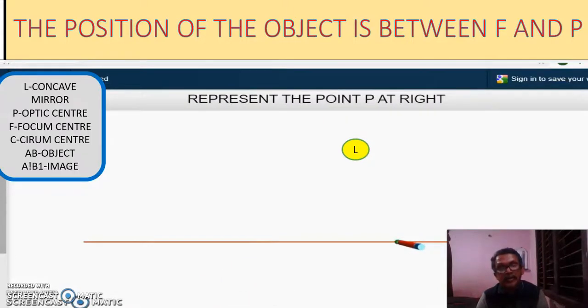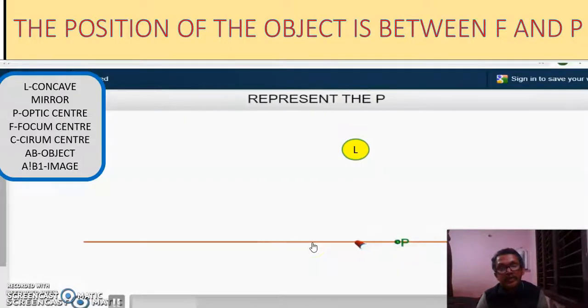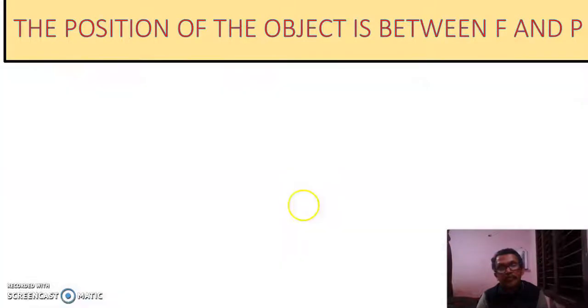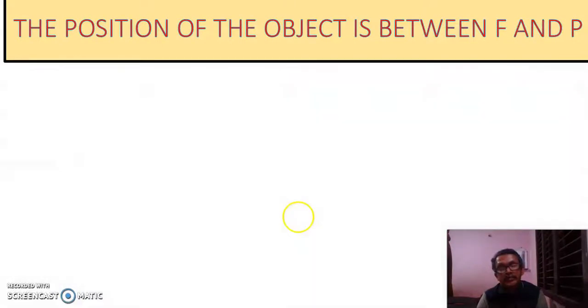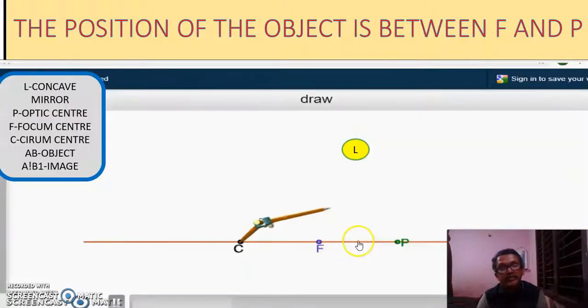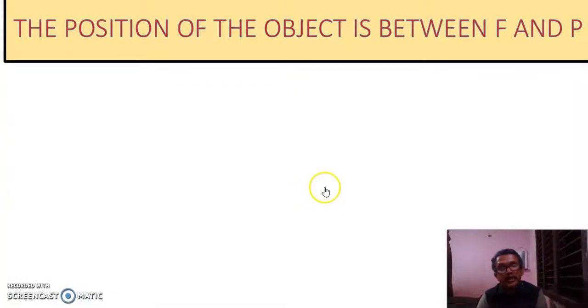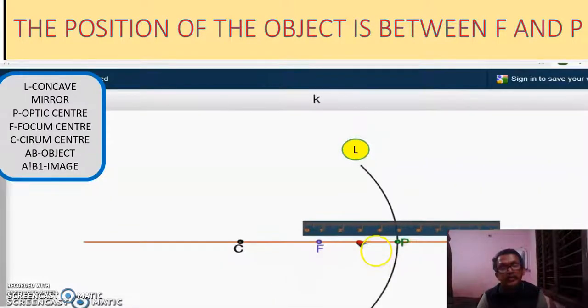So now take a point here, P. From that 4 centimeter, F. From that 4 centimeter, remember C is always 2 times of F. So this is C. You can't get a clear diagram if the distances between these are not kept equal. This is 4 centimeter, this is also 4 centimeter. Then draw a mirror like this. Then only you can easily draw.